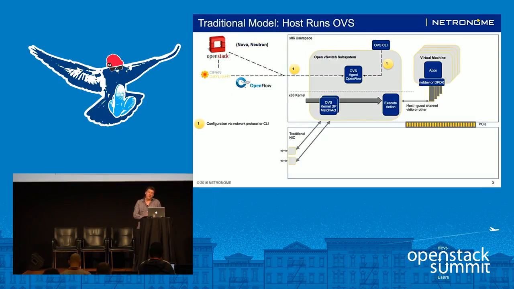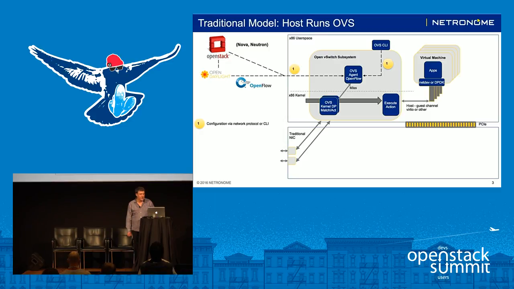So let's look at the traditional OVS model to get started. Traditionally, you would have a NIC that does not do any intelligent processing. This NIC would then feed traffic into the vSwitch subsystem. That's composed of the kernel data path as well as the user mode agent.